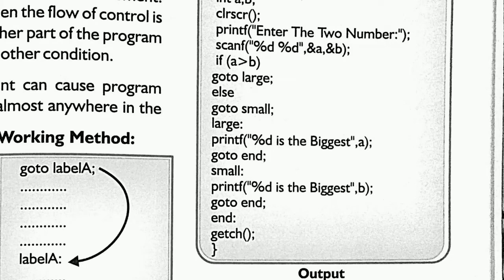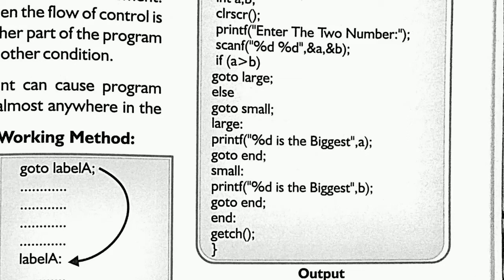In this example, if A is greater than B, then goto large, else goto small. So on seeing goto large, it will look for the large label in the program. After two statements, you can see that a large colon is given there.